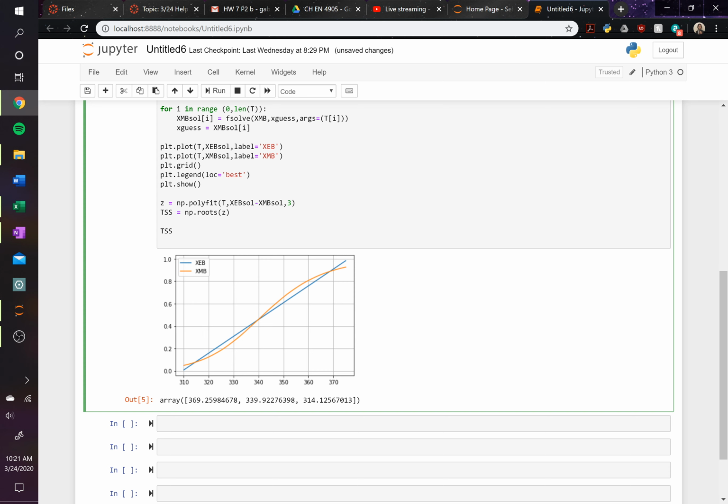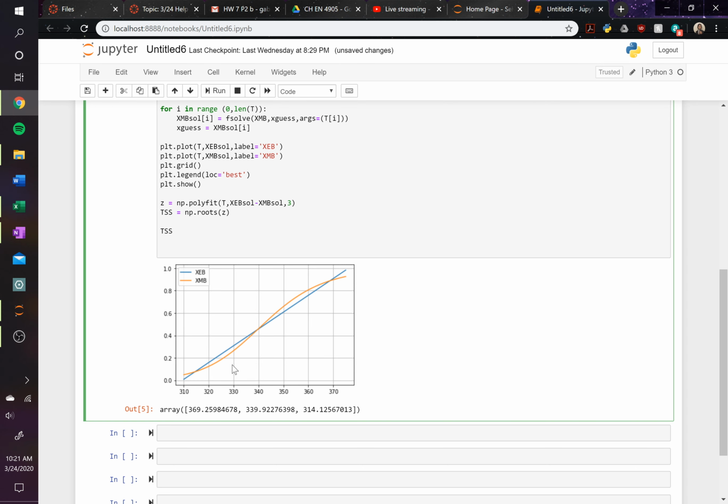So let's say we need to find the conversion. It doesn't matter really what energy balance you pick. So let's say that x3, this one up here toward the top, is equal to the energy balance at TSS of 0.